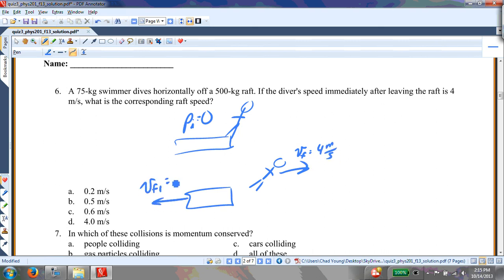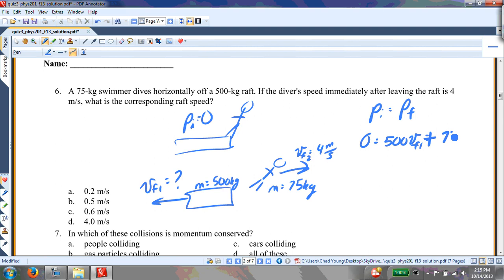I'll call this VF1, this VF2. My mass here is 75. My mass here is 500. Alright, my initial momentum is 0. That means my final momentum is also going to be 0. That's going to be 500 times VF1 plus 75 times 4.